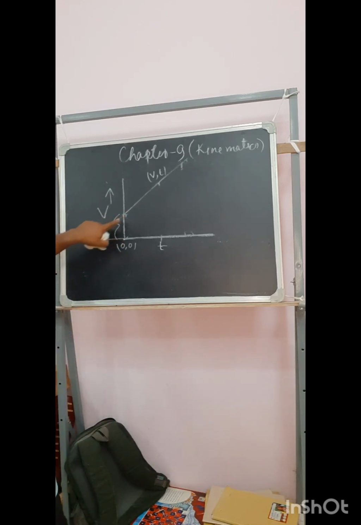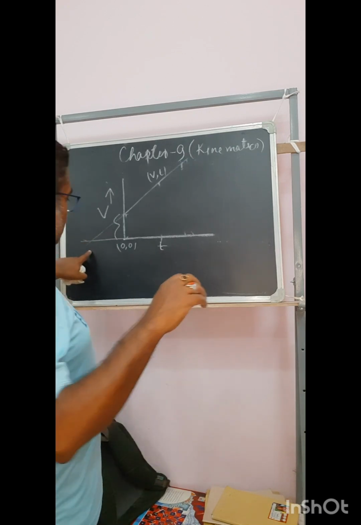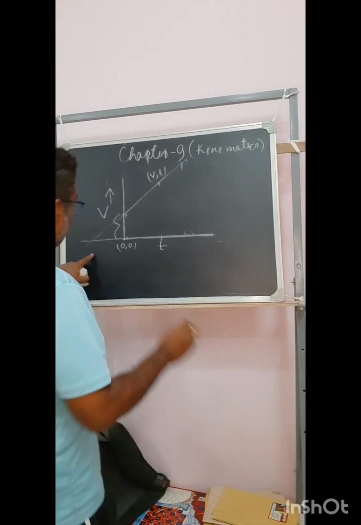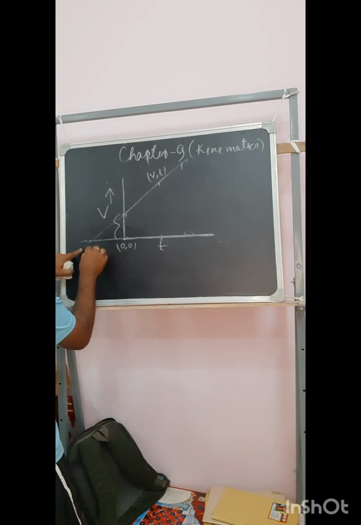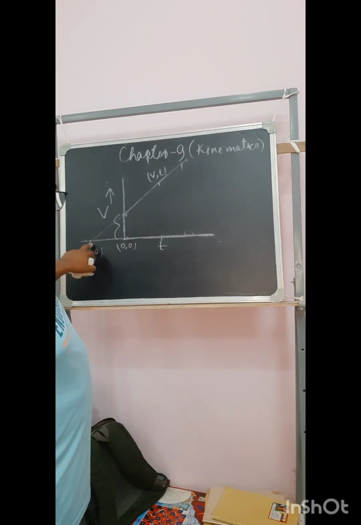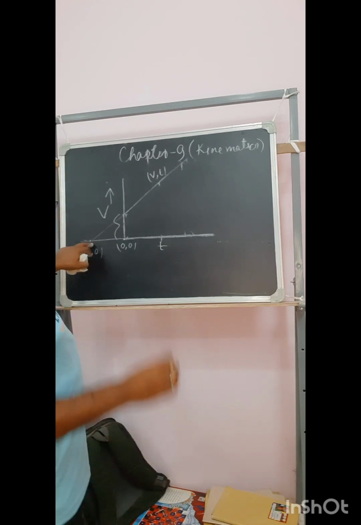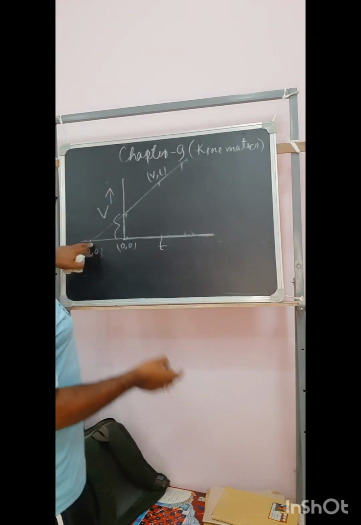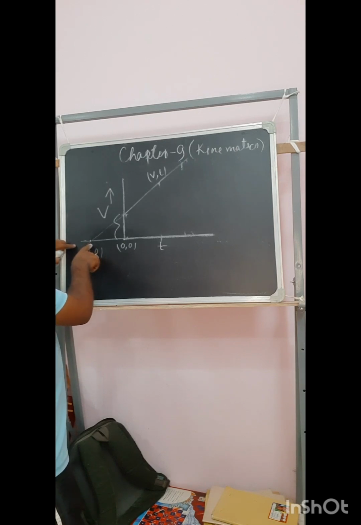So if I understand that motion must be started from 0, then my reference frame should be shifted here, a new reference frame. The time cannot be negative, so my study should start from the time of motion where it is started.